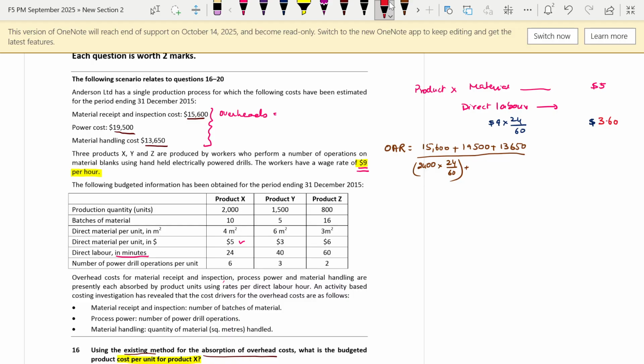The second one is 1,500 times 40 by 60. Plus 800 times 60 by 60. Is it okay with you?